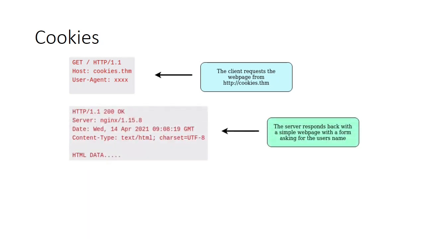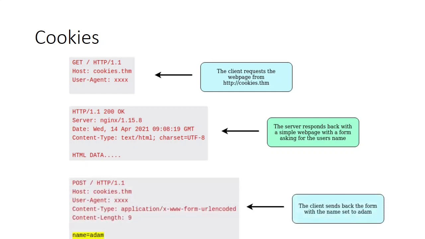Then you get the response. The server responds with a simple web page with a form asking for the username, generally. Then when you send back the answer, here it's a POST request, you send back the name set to Adam to this web server.